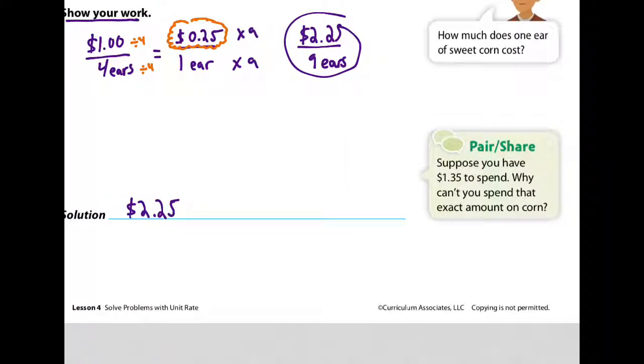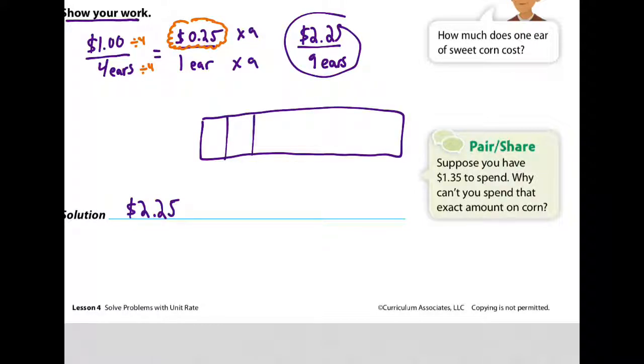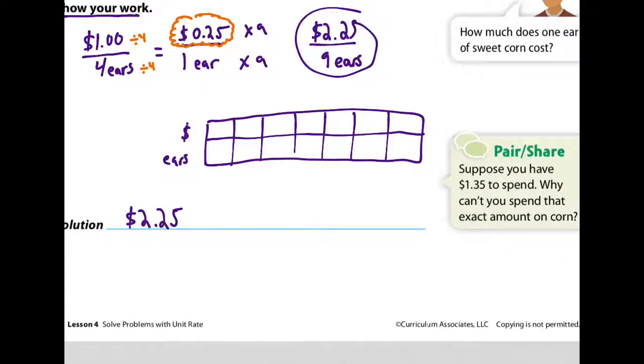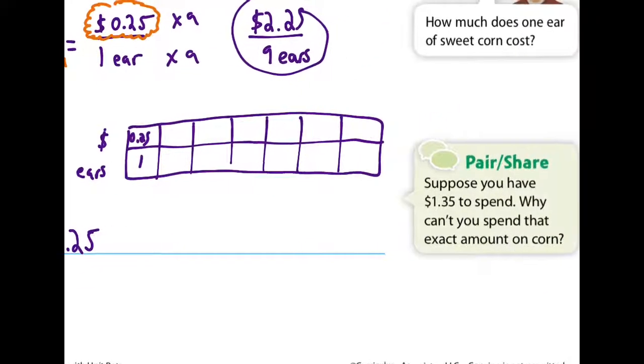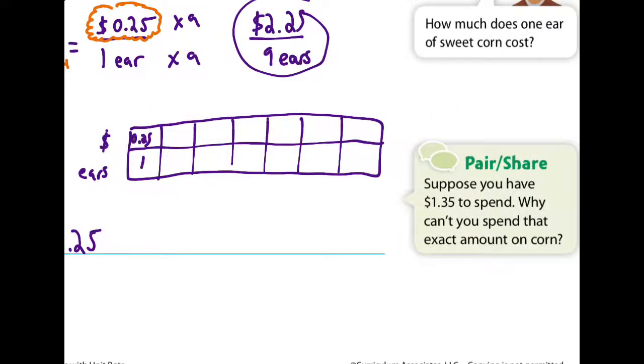Maybe a ratio table will help you understand this. So I'm going to do a couple columns here. So up here is money. Up here is ears of corn. And we know the rate is 25 cents for 1 ear of corn, right? So this says, if you have $1.35, why can't you spend that exact amount?